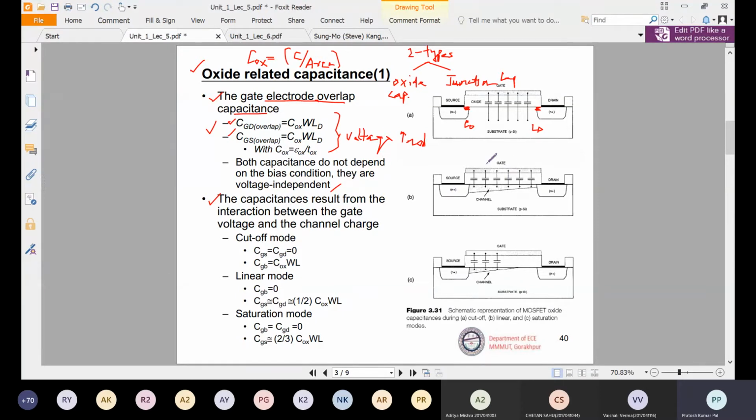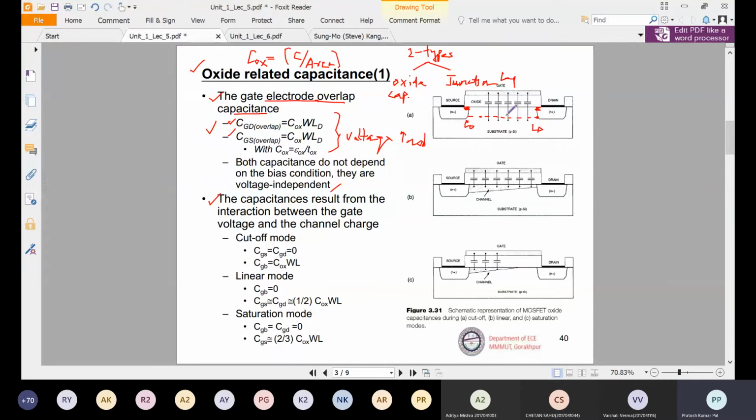Whenever we apply some gate voltage, the channel initially will be like this, but as we increase the gate voltage and also apply the drain voltage, the channel will become tapered, and if it is working in the saturation region and going beyond VDS sat, it will become like this.